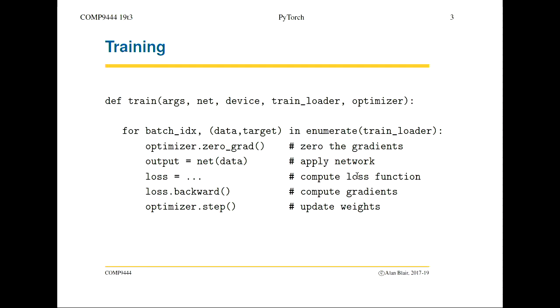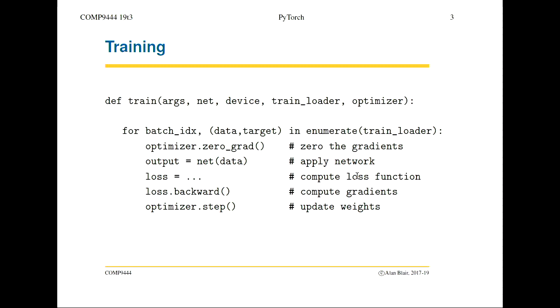And then here we zero the gradients. This is probably one of the things that makes PyTorch a lot nicer than, for example, TensorFlow, is that you have much better control over the way these gradients work.